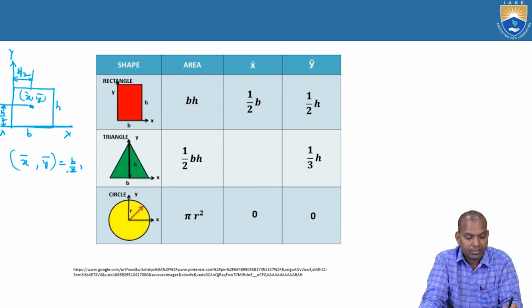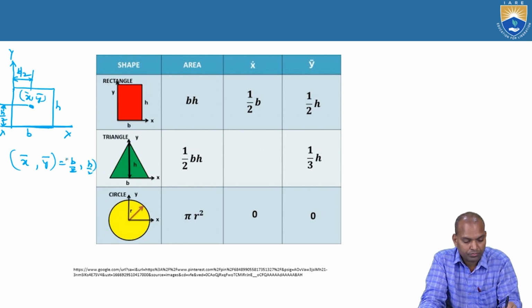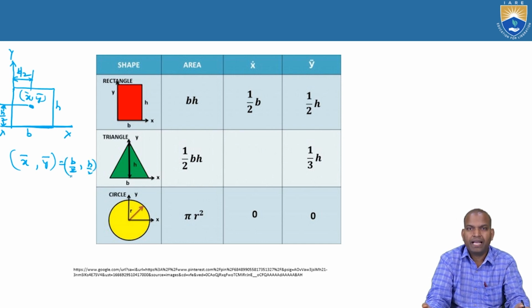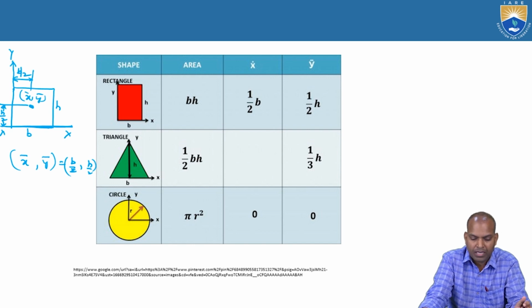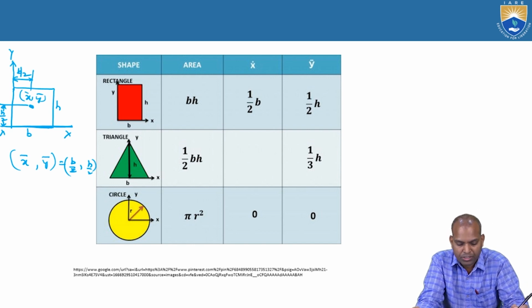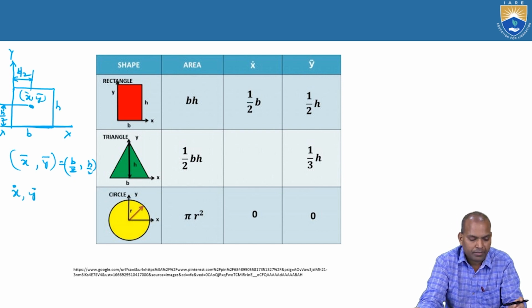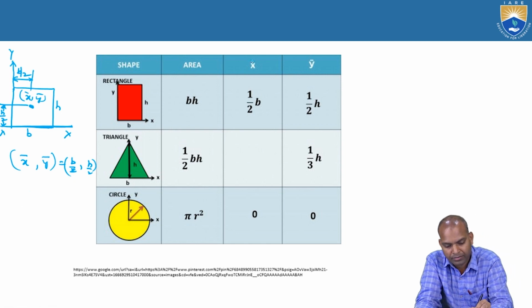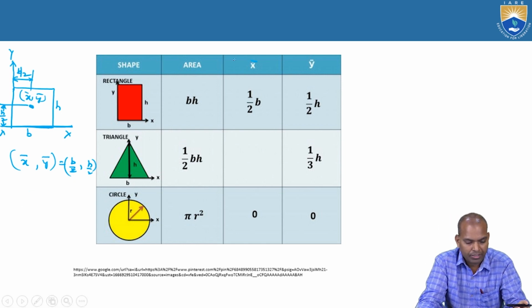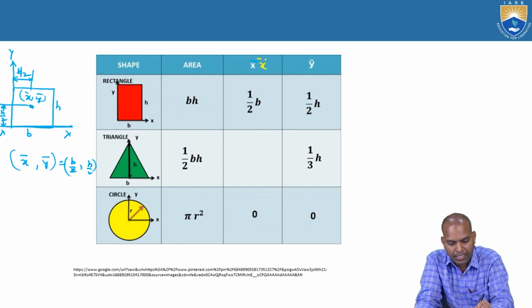What is bar Y? That is H by 2. In some of the textbooks, it is X dot and Y dot, but most references use bar X and bar Y.